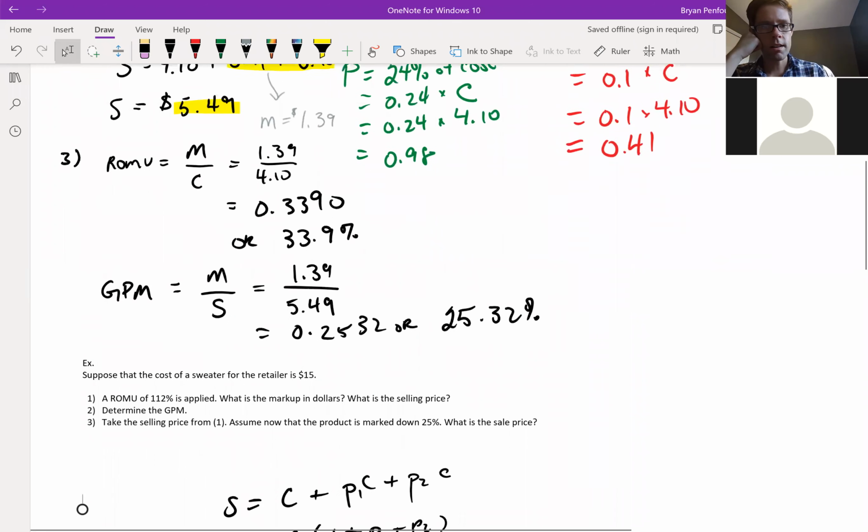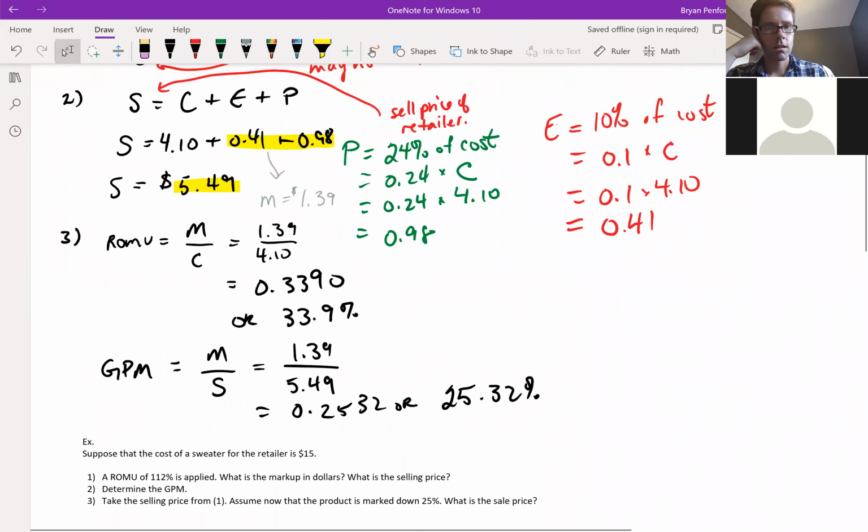Your method works because we are always multiplying a percent by the cost, 10% of cost, 24% of cost. Yeah, I can see the algebra from my side, and I can see that that makes sense. So the rate of markup could be quickly calculated in this way as well.